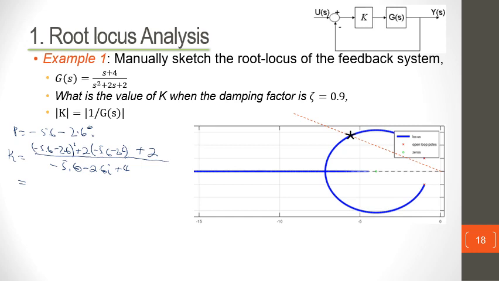This means that we can take this square here. Let's just take it here. So minus 5.6 minus 2.6 i, squared. This is equal to, multiply this, we get 31.36.